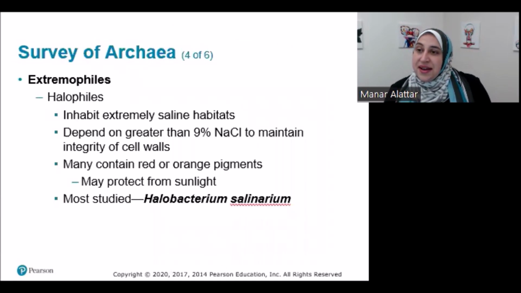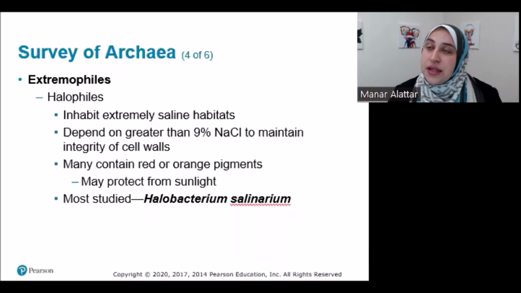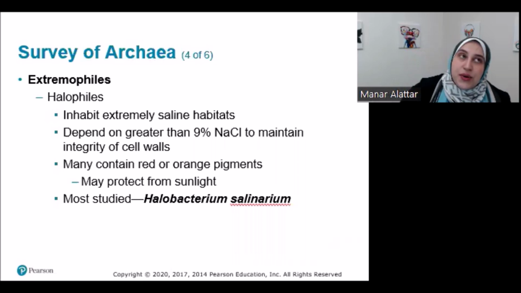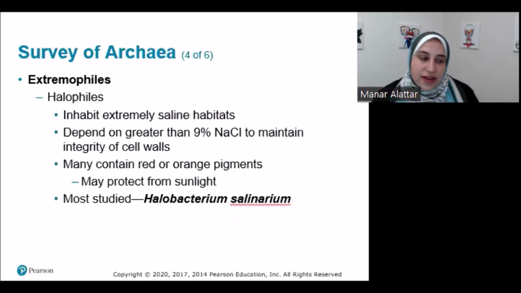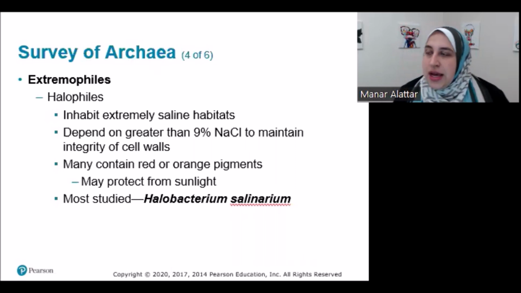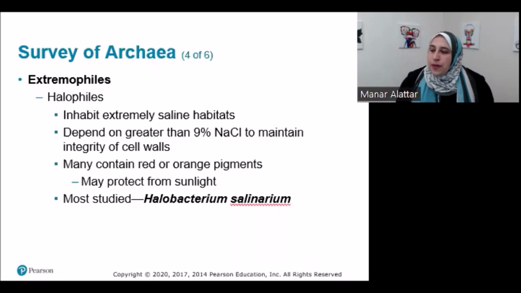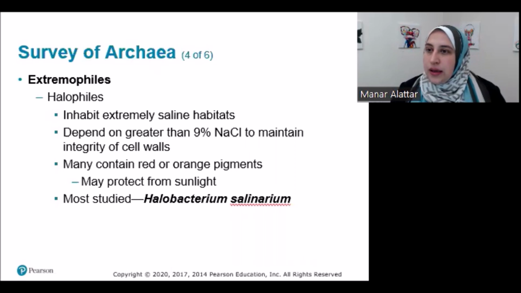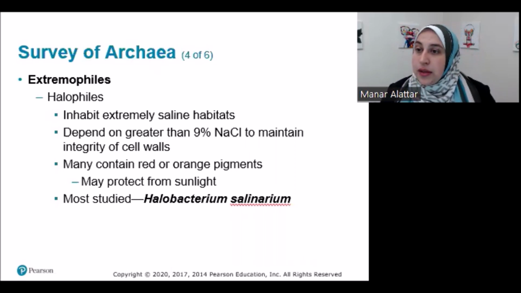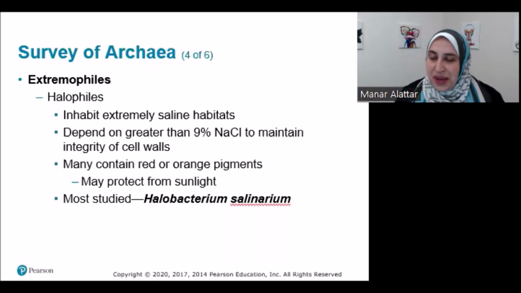Okay. Some other extremophiles are halophiles. Halo meaning salt, phile meaning loving. So loving of extremely salty environments. Just to give you an idea, human cells tend to exist optimally within a salinity of 0.9% salt, okay?